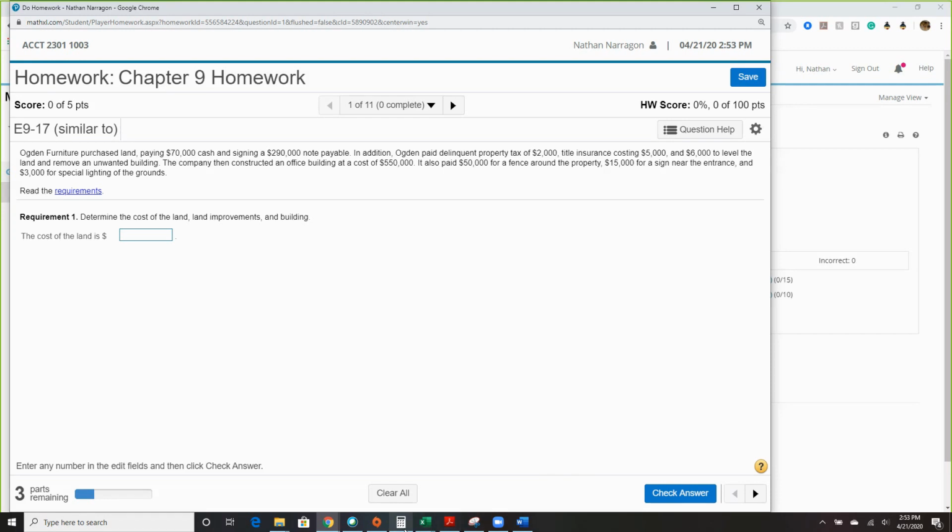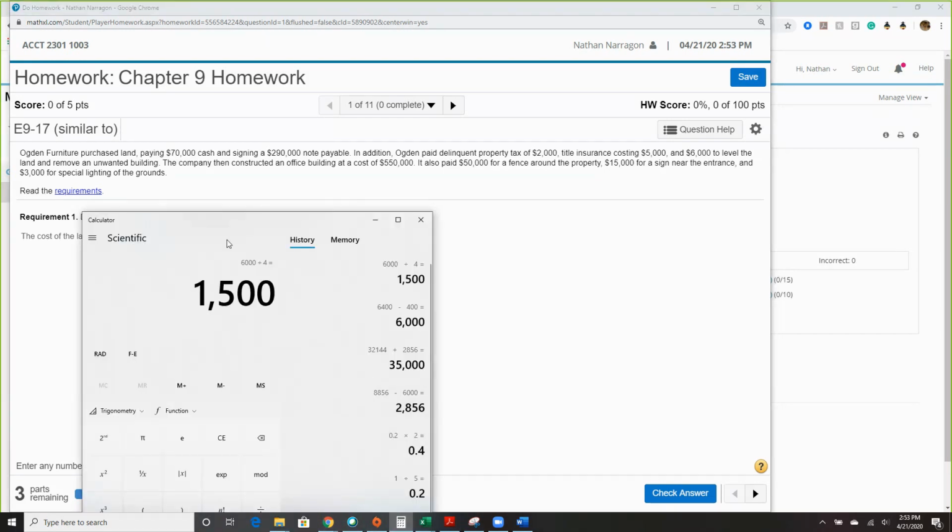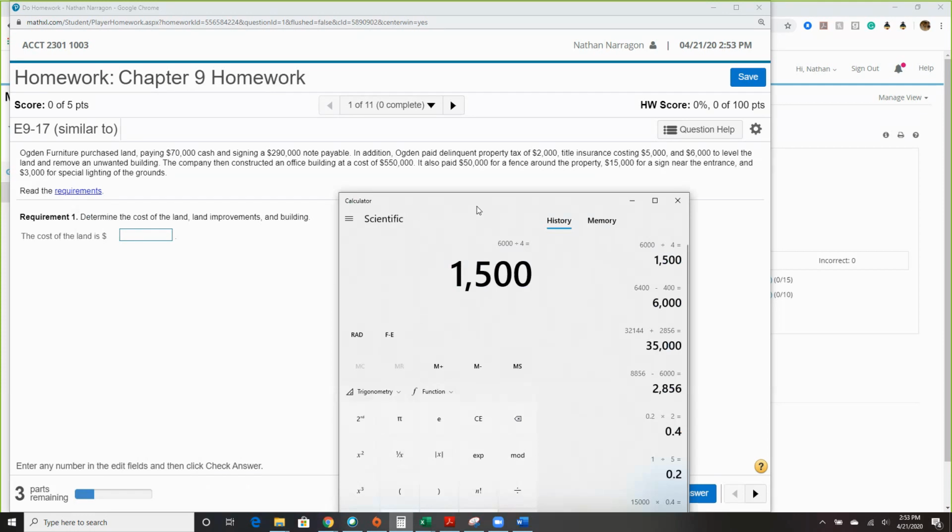Well, for us, cost of land is as so. We have the $70,000 in cash, plus the note payable, so that's our purchase price of it.